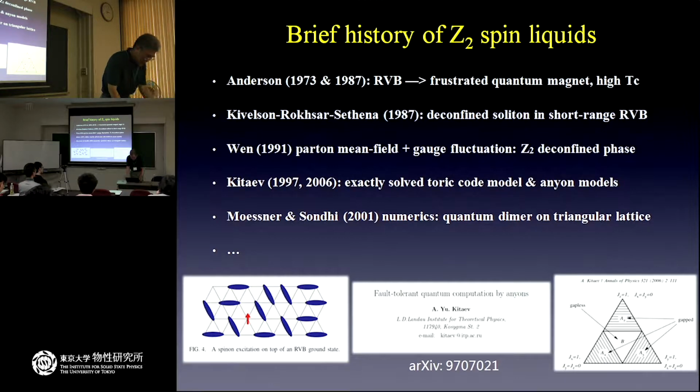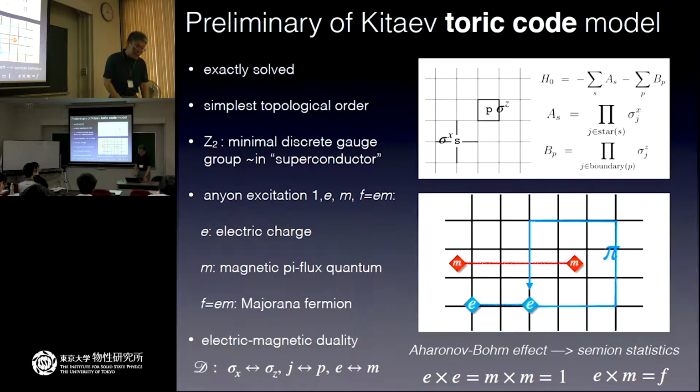So let me first give you a preliminary introduction to this Kitaev toric code model. This is the model Hamiltonian of the toric code. There are two terms. One is the sum over star operators A, where A is the product of sigma x operators around the vertices.